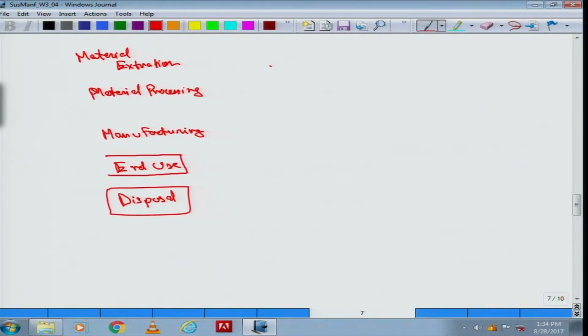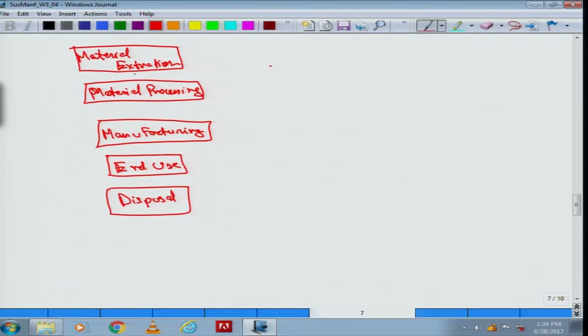Okay, the material flow happens from the very first step and keeps going to the final disposal here.